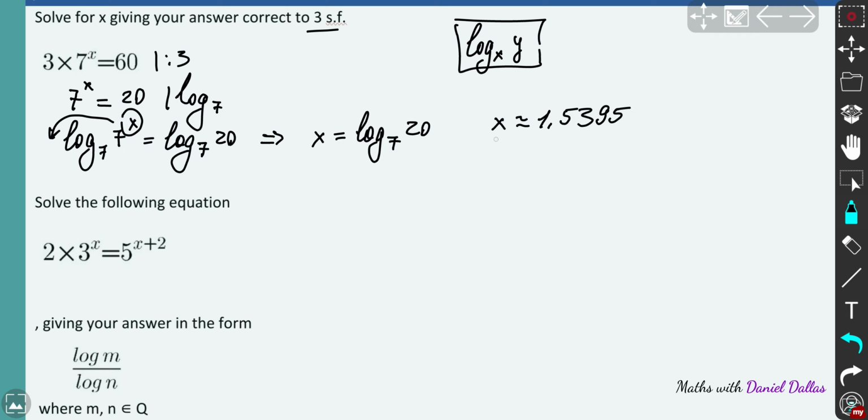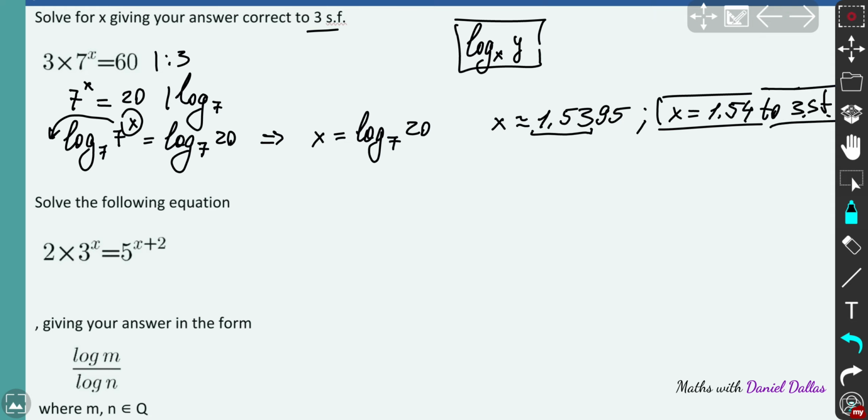And if you round to 3 significant figures, you simply keep the first 3 digits and round up. So we'll get x equals 1.54 to 3 SF, and that is going to be the final answer to 3 significant figures.